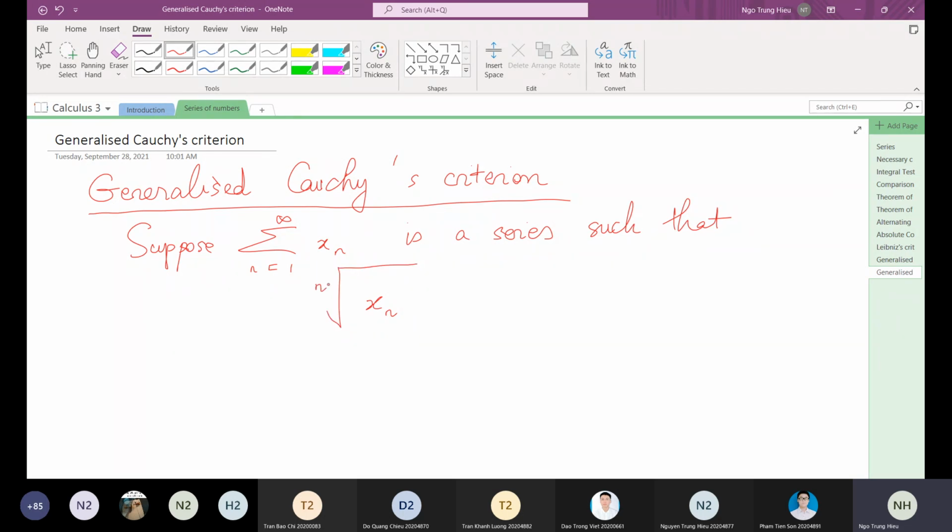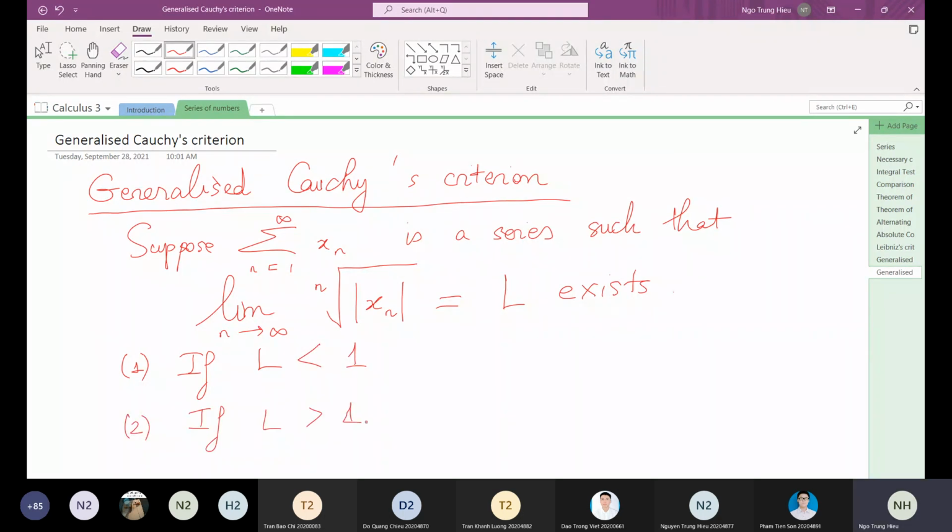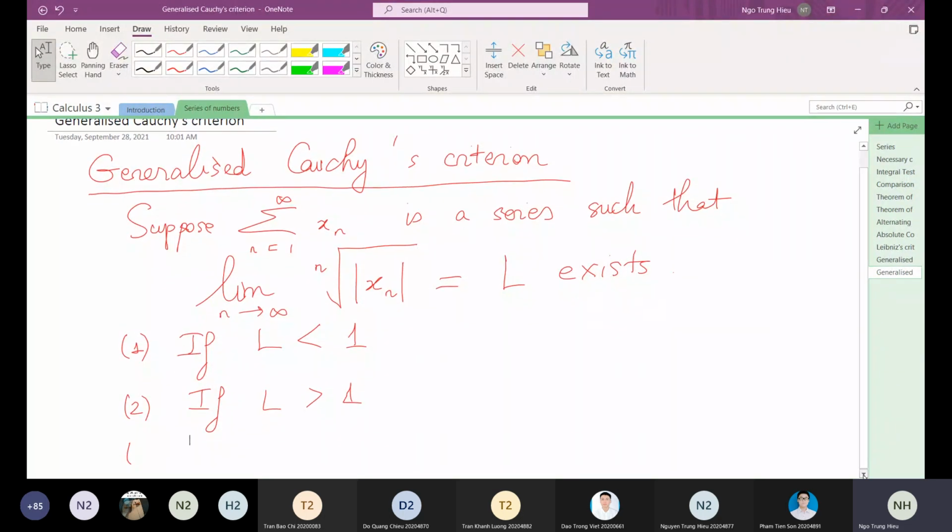But in this case, we don't know about the sign of the individual terms, so we take the absolute value, and then we take the limit as n goes to infinity, such that this limit exists, right? So as before, we consider three cases. If L is less than 1, if L is greater than 1, and the third case, L is equal to 1.